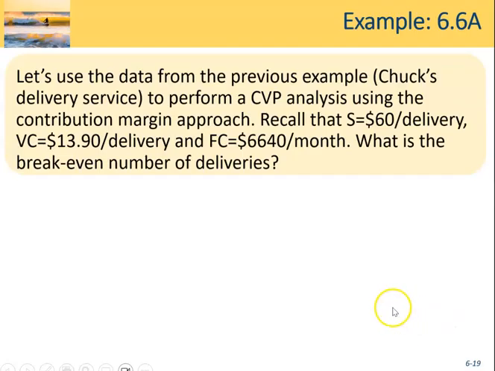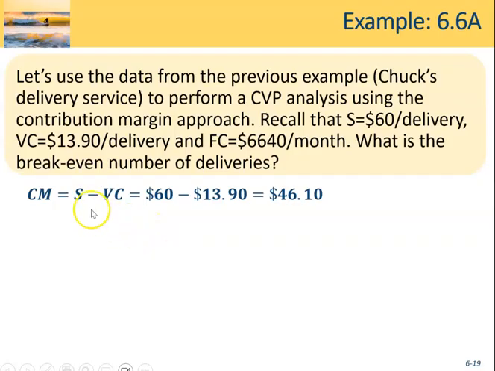So let's look at Chuck's delivery service again. If you remember when we figured out the denominator of the last equation, when we did the fixed cost divided by S minus VC, we figured out that 46.10 was the denominator. And that, in fact, is the contribution margin.